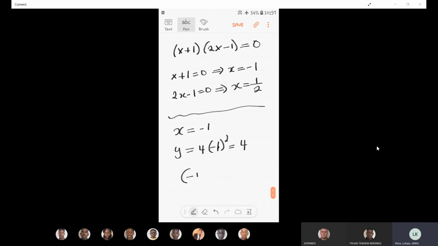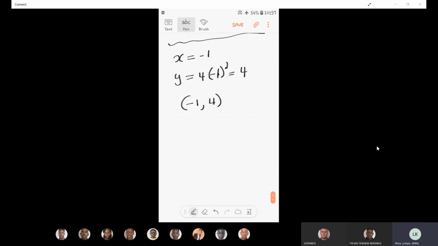And then the second one, when x is equal to a half, y is equal to 4 times a half squared, and this is equal to 1. So the second solution is half, comma 1. Right, and then I'm done with that.